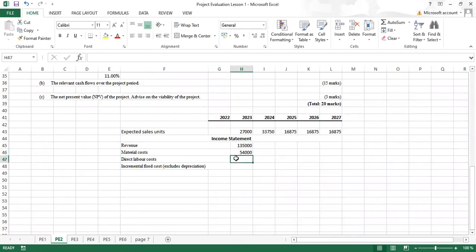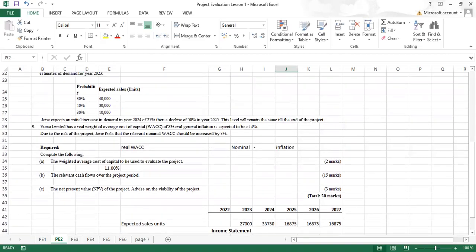Direct labor cost equals the units sold times 1, because it was 1,000. And the incremental cost, which they told us excludes depreciation, equals 0.5 times the unit sales. Remember, this is under year 2023.